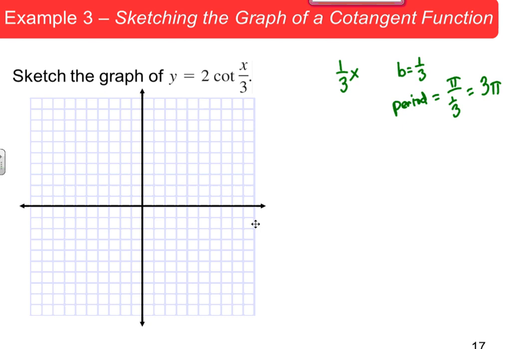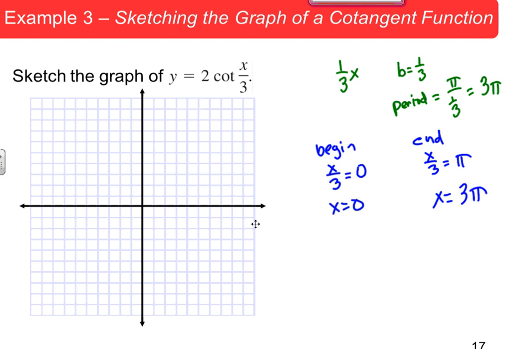Since there's nothing added or subtracted here, the period begins when x over 3 is equivalent to 0, and it ends when x over 3 is equivalent to pi. And that one will just give us our 3 pi. This will give us x equals 0. This will give us x equals 3 pi by multiplying each side by 3.